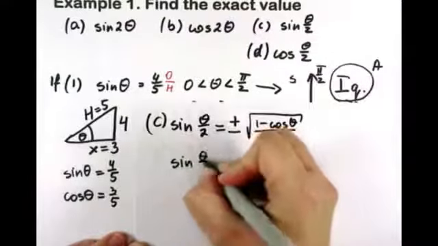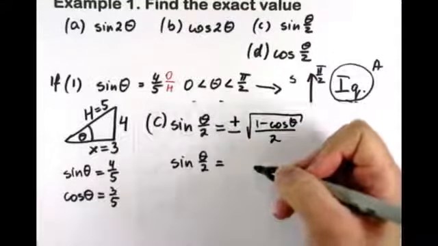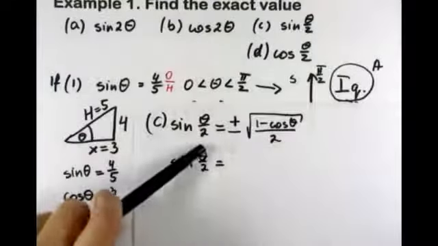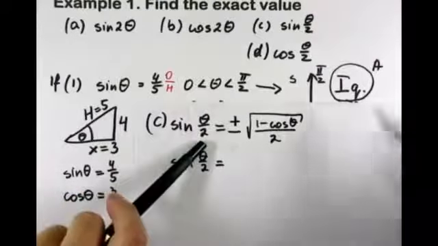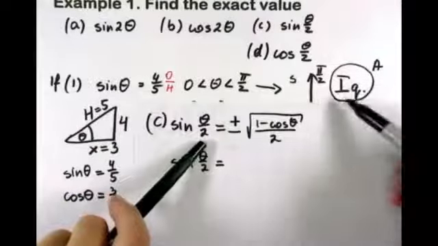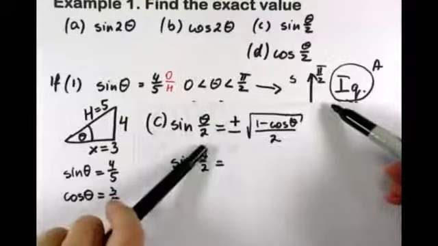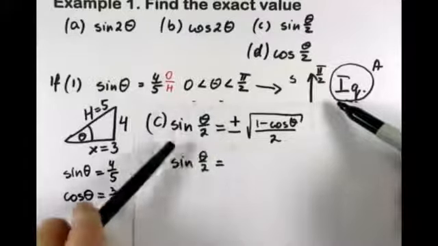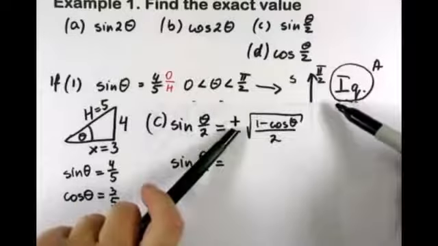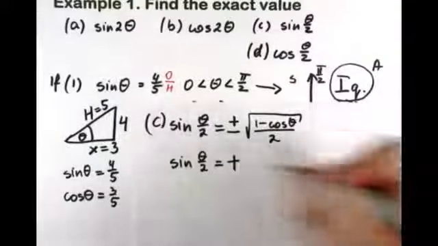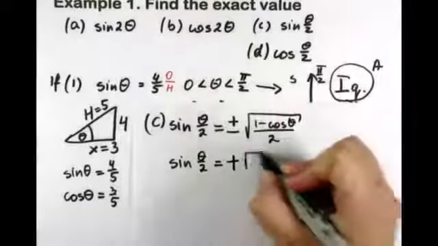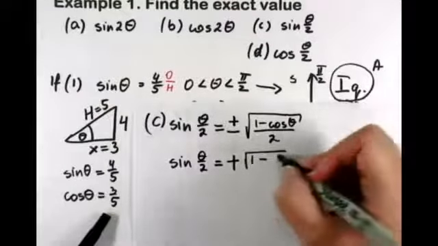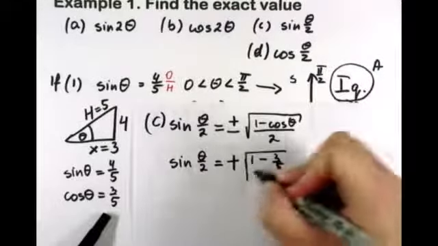We choose plus or minus depending on where the angle of half theta is. If my theta is in the first quadrant, let's say 40 degrees, half of that would be 20, it's still in the first quadrant. And in the first quadrant, sine is positive, so I'm choosing plus. We don't need to write that plus. So then I have 1 minus cos theta, which is 3/5, all over 2.